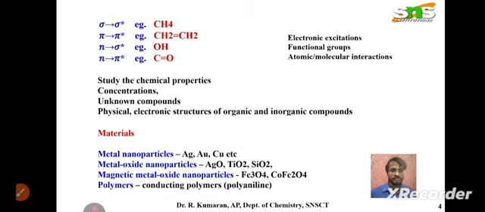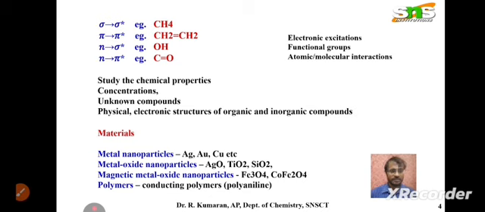To study the chemical properties and concentrations, and when researchers prepare some new unknown compounds, they make a preliminary confirmation through UV visible spectroscopy. The physical electronic structures of synthesized organic and inorganic compounds are studied through UV and visible spectroscopy analytical techniques.